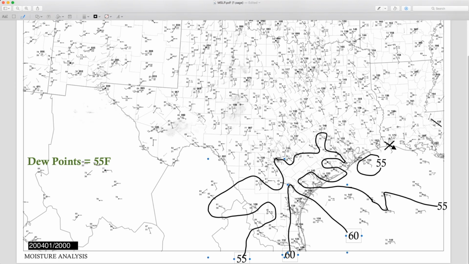Once I'm satisfied that I did it right with my pencil, I would go and draw over these lines in green marker. Not what I want.